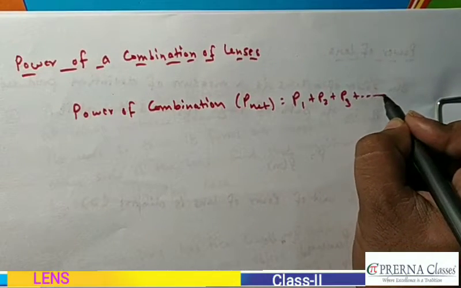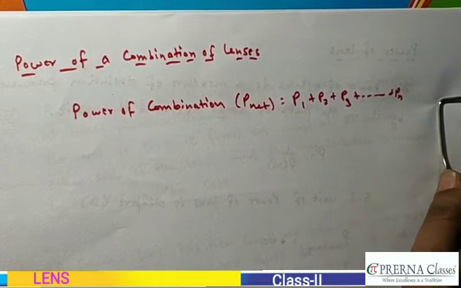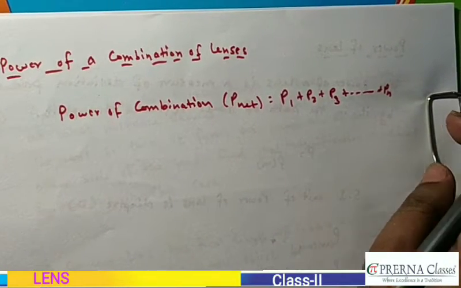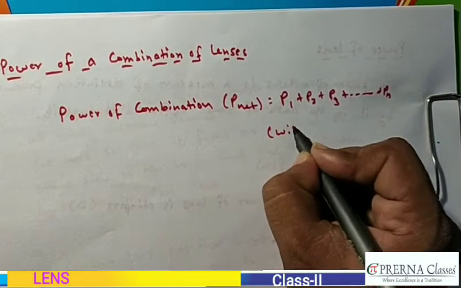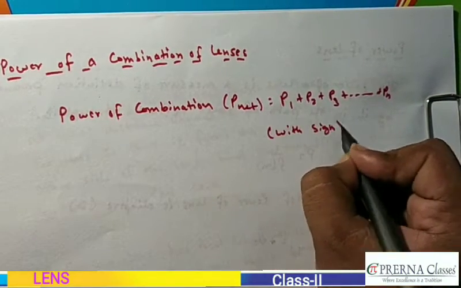If I have n lenses, it will be the sum of all the powers. All the powers you have to write with sign.